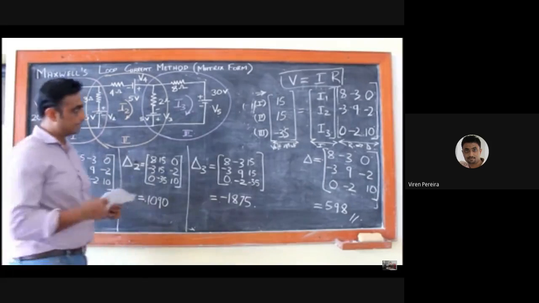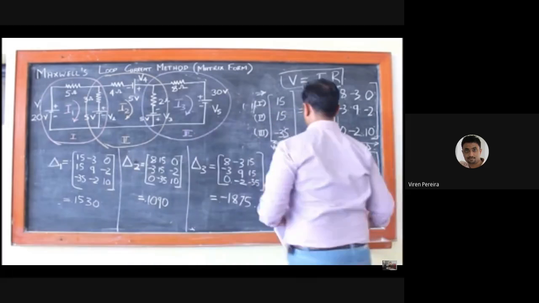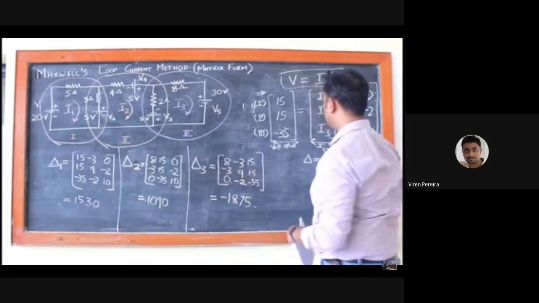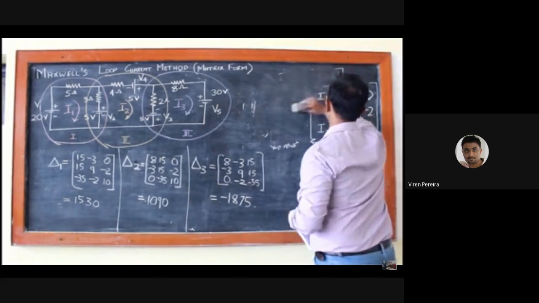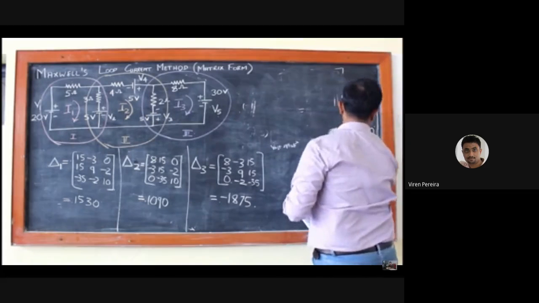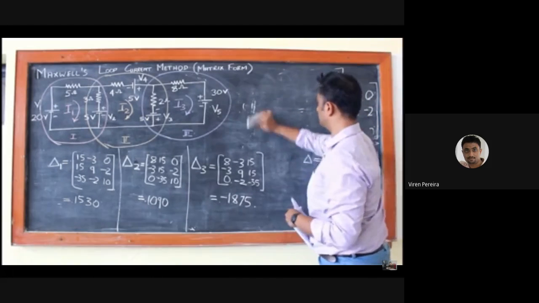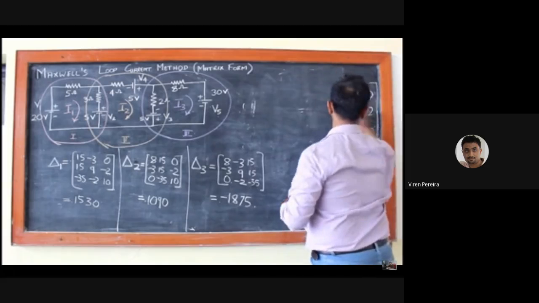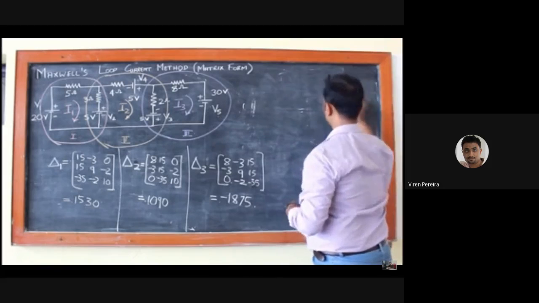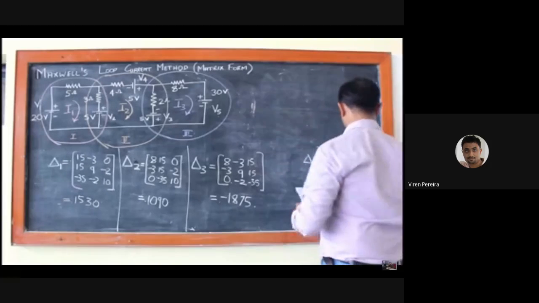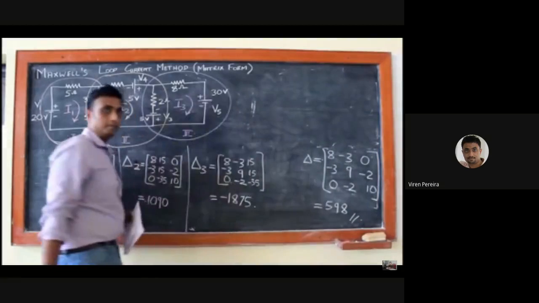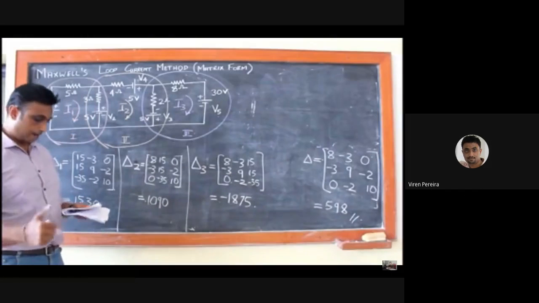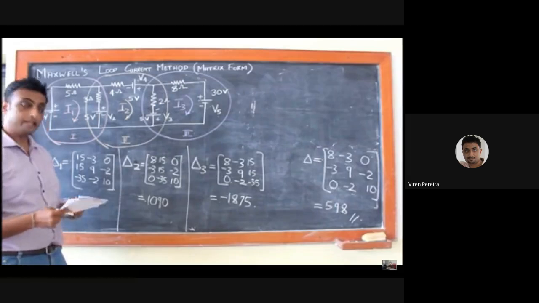Now taking it again, since I already have these values, I'll rub this main matrix equation. And I can add in a simple formula which will give me the value of I1, I2 and I3.